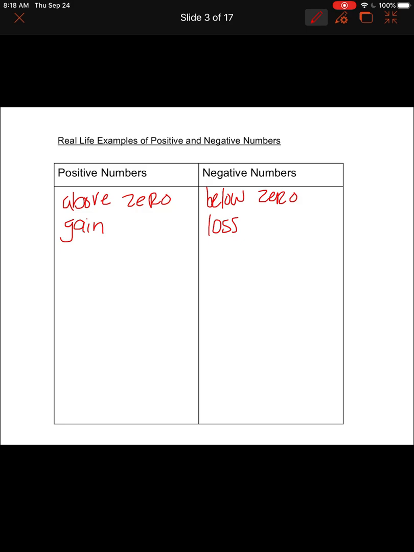So yards in a football game, again, money. Could stay on the money track and we could say deposit. Money that is deposited into your bank account is positive. A withdrawal of money is going to be negative. A credit to your account will be positive.